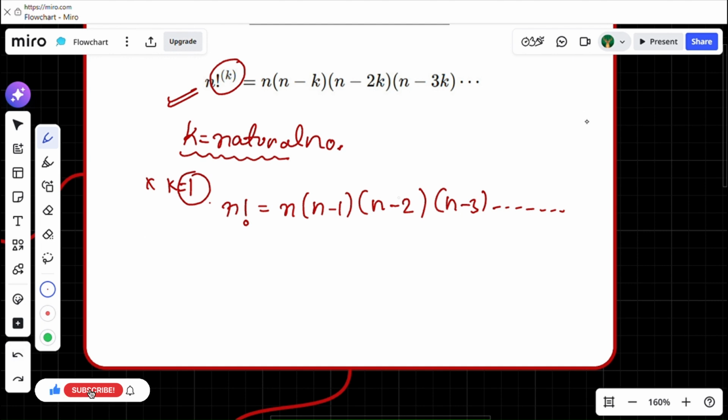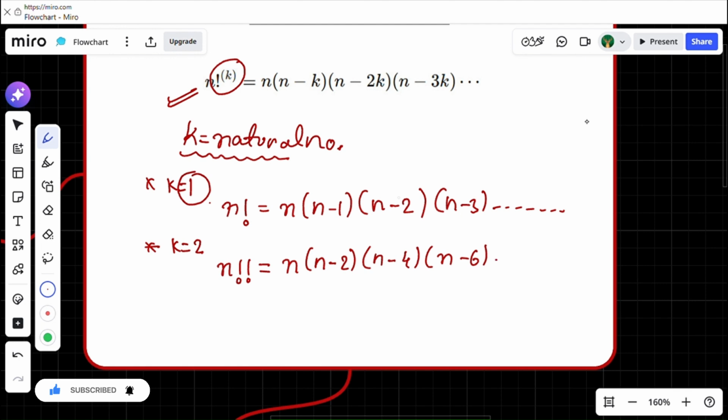So again we can let k be equal to 2. So the number of factorial is 2, and n, n minus 2, and n minus 2 multiplied by 2 is 4, and n minus 3 multiplied by 2 is 6, and so on. Again we can let k be equal to 3. So the number of factorial is 3.